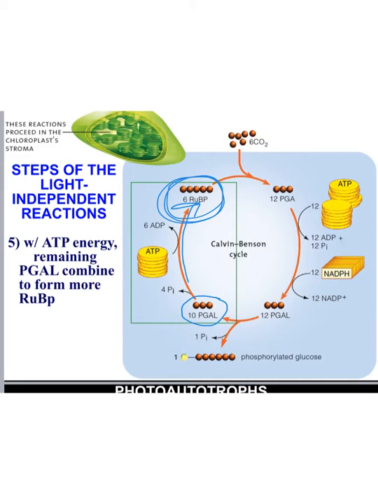In order to regenerate that ribulose bisphosphate, we have to break down some ATP. So we're going to use that remaining ATP that we made in the light-dependent reactions and convert that pGal back to ribulose bisphosphate so that this cycle can continue and we can keep making glucose for the plant.